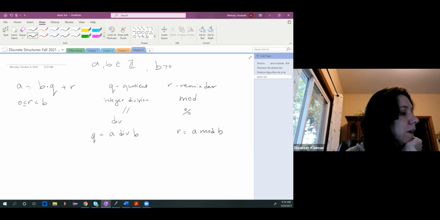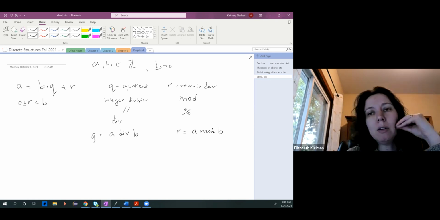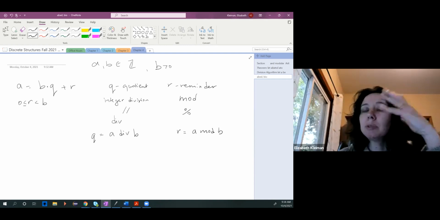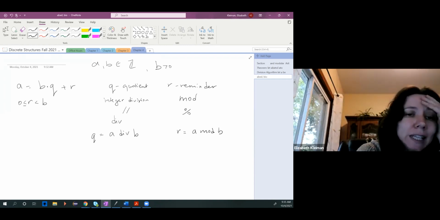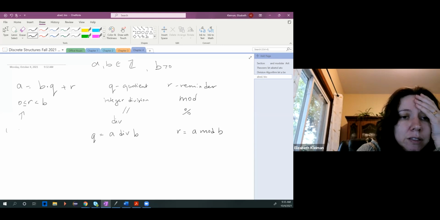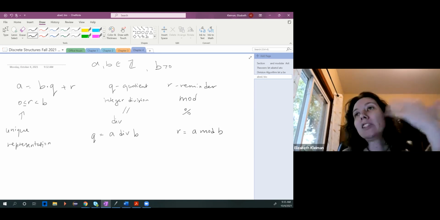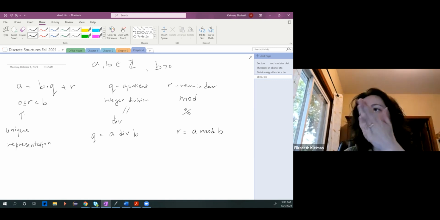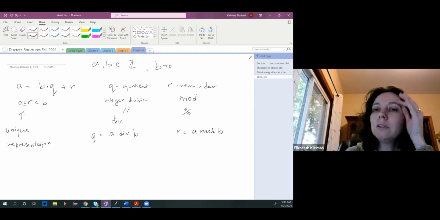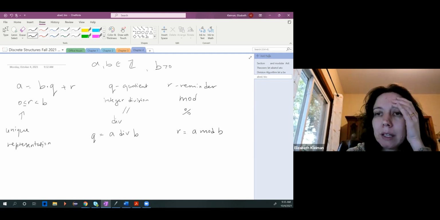So let's talk a little bit about what we did and proved last time. Last time we said that this representation is a unique representation, and we constructed our proof by showing how it must fall someplace.